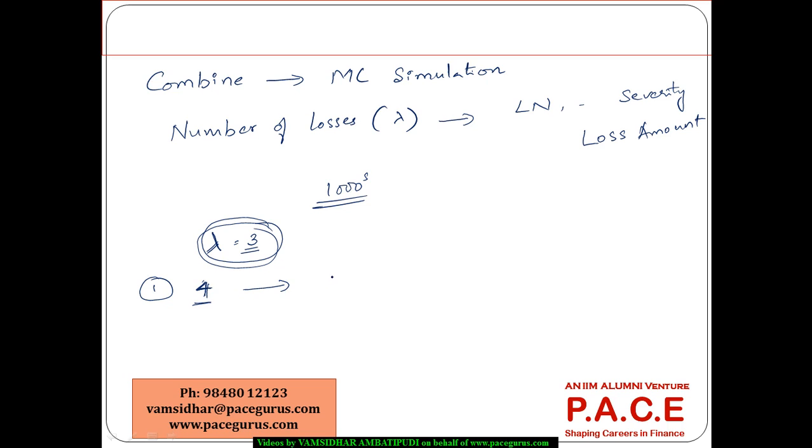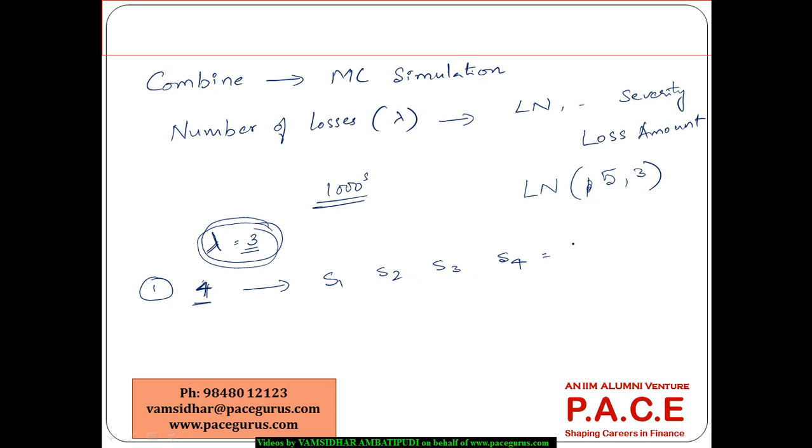Now for the 4, I am trying to generate the severities individually. Now let's say severity is following a log normal distribution with mu of 5 and variance sigma squared of 3, something. So based on this, I'll get S1, S2, S3, S4. Four different severities I am generating.